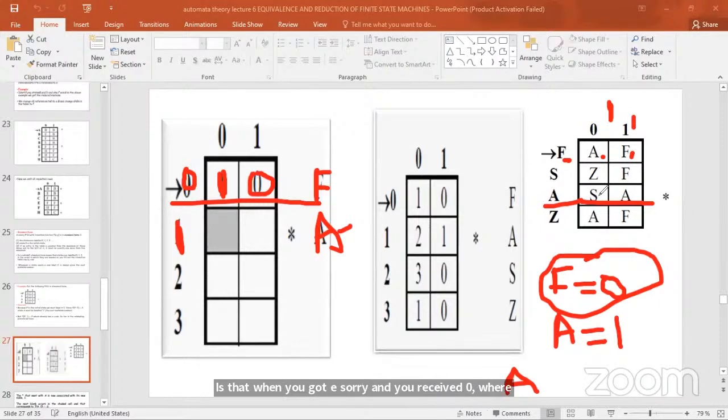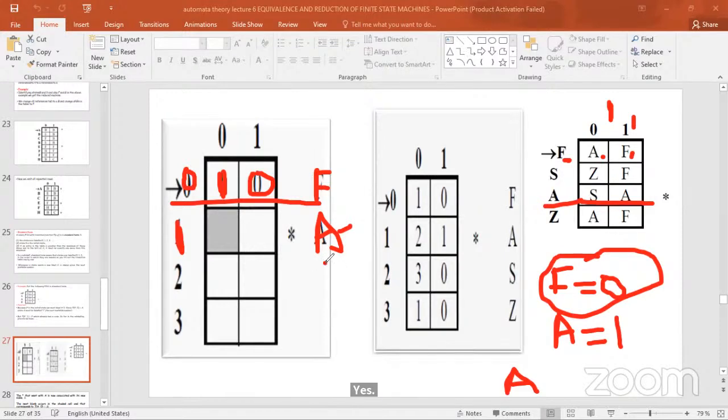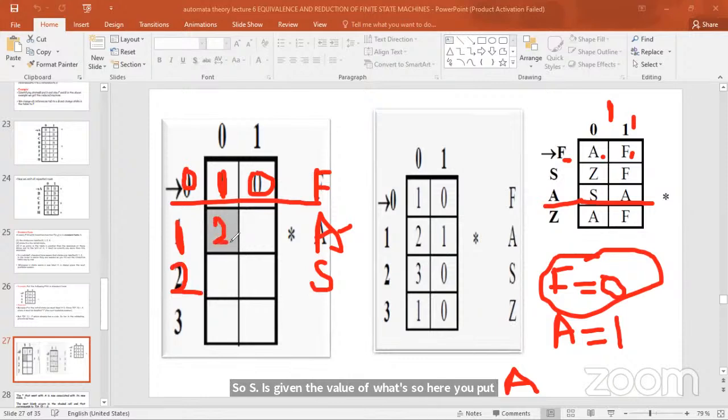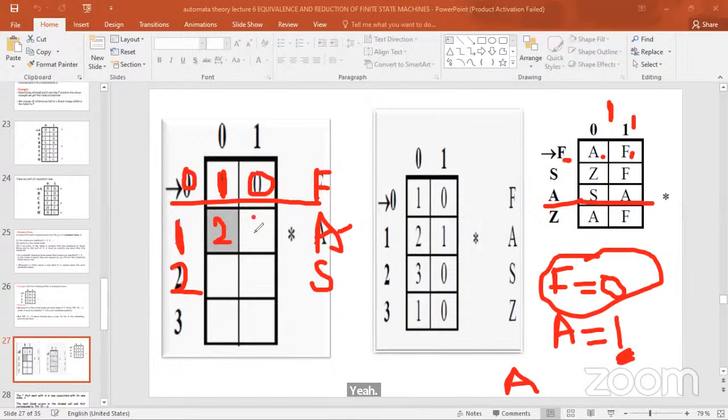S. Good. So the next thing you're encountering is S. S is given the value of what? 2. So here you put 2, because it is S that you are processing here. Now you are at A, you read a 1. Where do you go to? A. But you know that A has been given the value of 1 before. So you put 1 here.